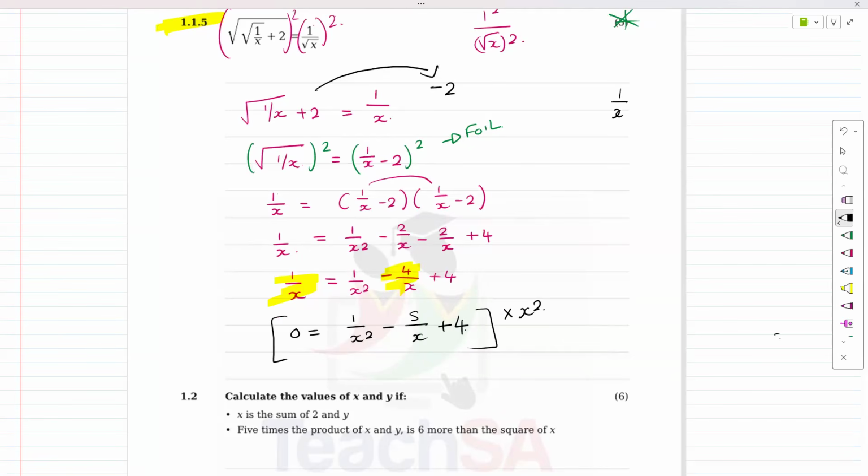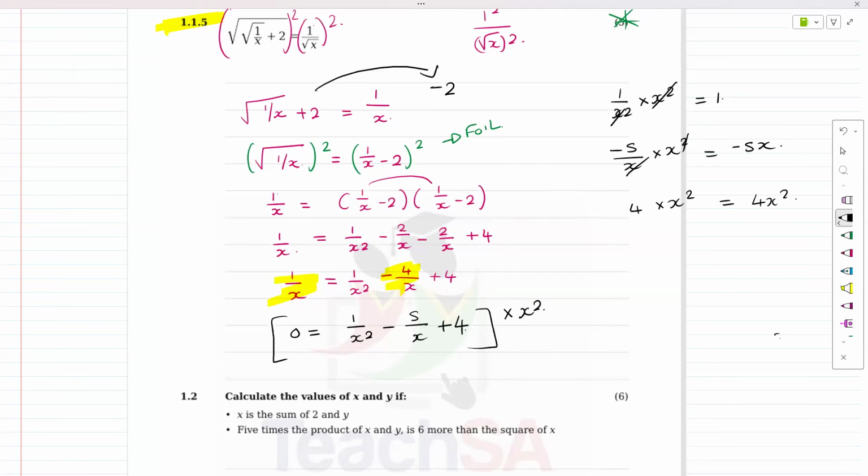You see, when we multiply each term by x squared, that's going to cancel out. We're left with 1. When we multiply minus 5 over x by x squared, 1 is going to cancel out there, and we're left with minus 5x. And then 4 multiplied by x squared equals to 4x squared.